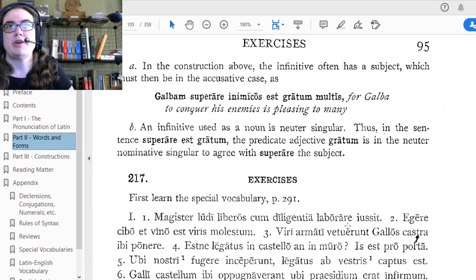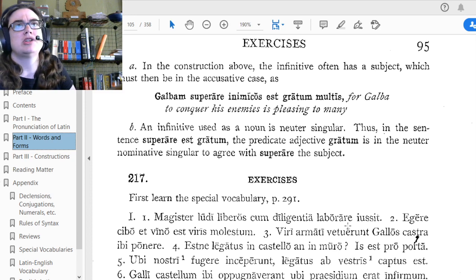In the construction above, the infinitive often has a subject, which must then be in the accusative case. So Galbam superare inimicos est gratum multis. For Galba to conquer the enemies is pleasing to many, multis.